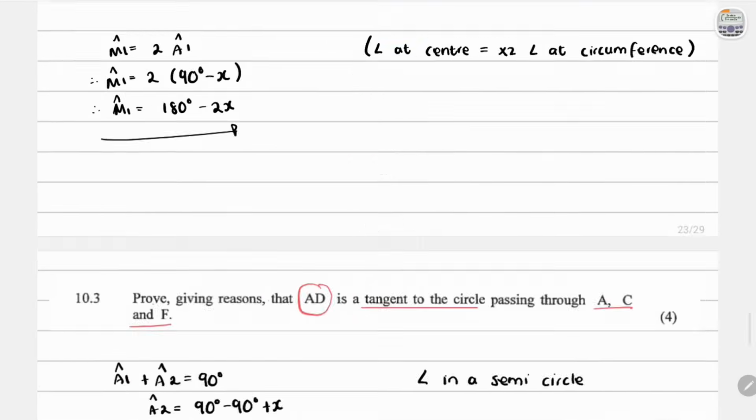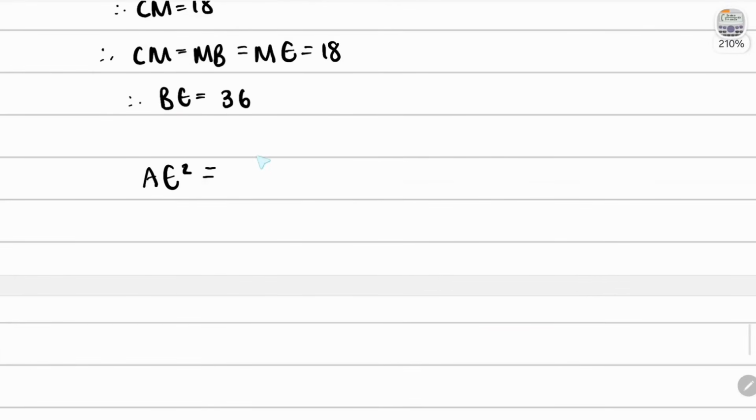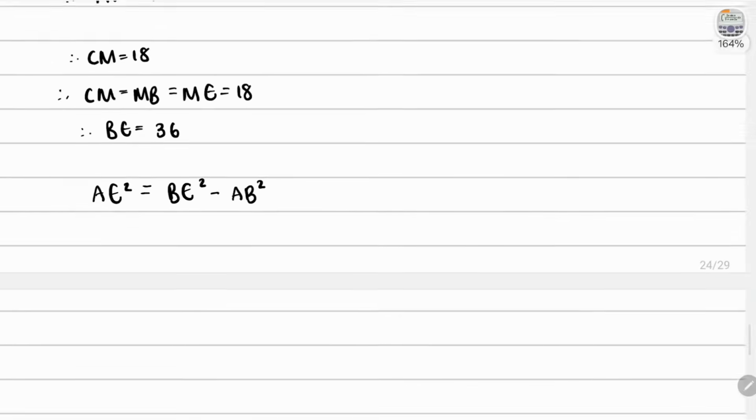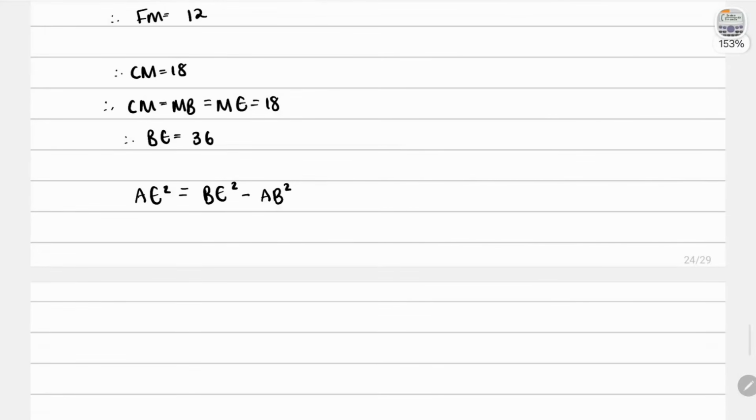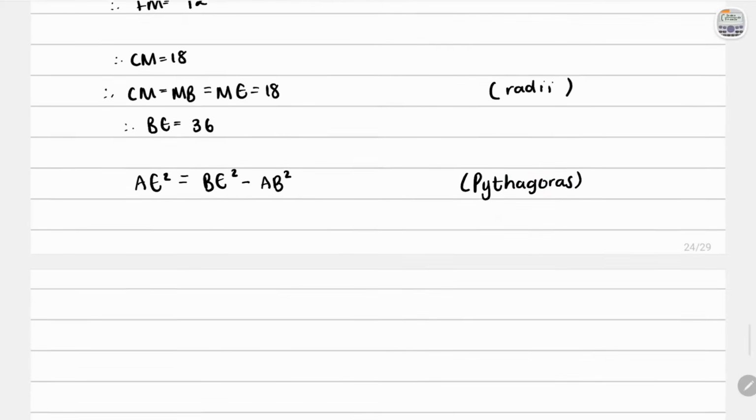So AE squared is equal to the longest side, the hypotenuse BE, so BE squared minus the other shorter side, which was AB, so AB squared. And we can just say theorem of Pythagoras, or just say Pythagoras. Also, I forgot to tell them why those were equal. It's because they're equal radii. All those are equal radii. So because of Pythagoras that we have there.